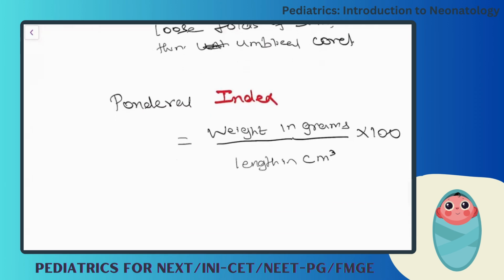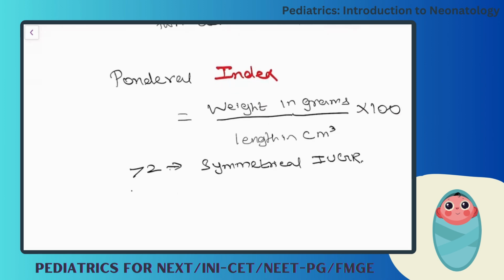This is the formula. If this is greater than 2, it is symmetrical IUGR. If it's lesser than 2, asymmetrical.